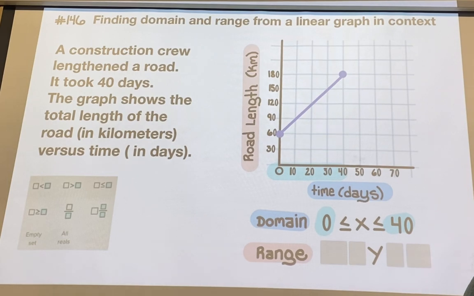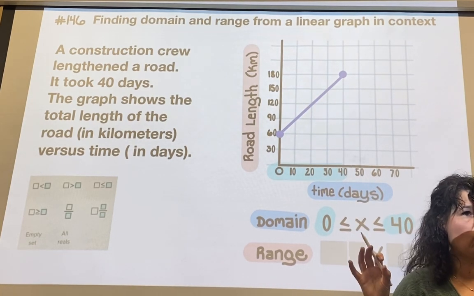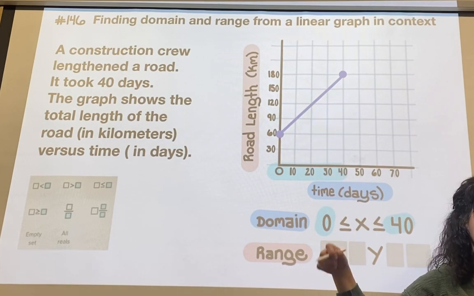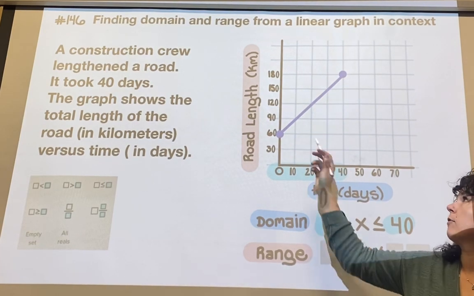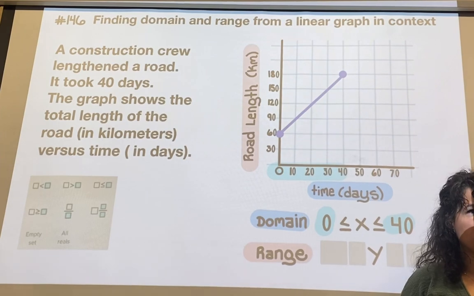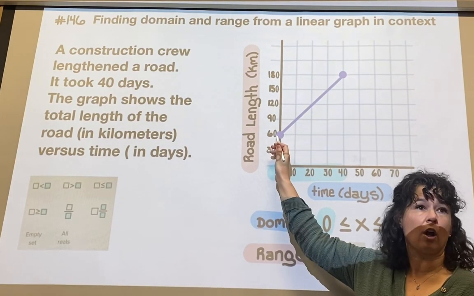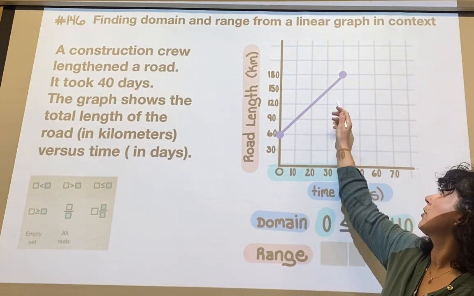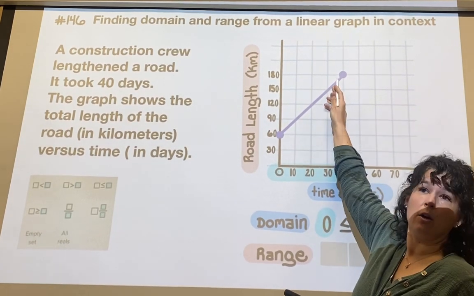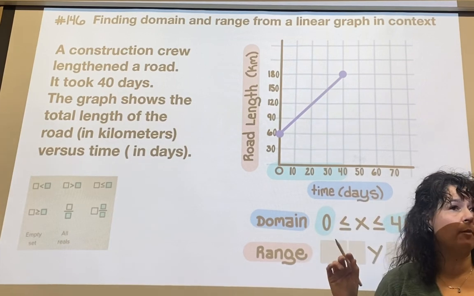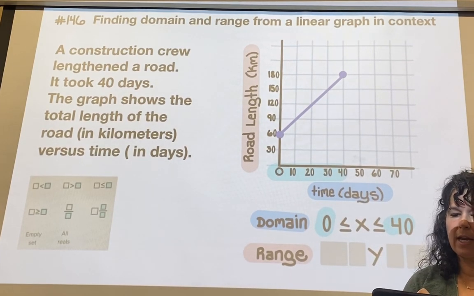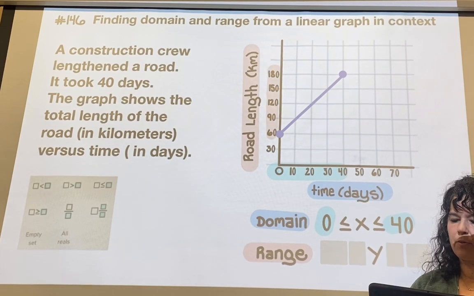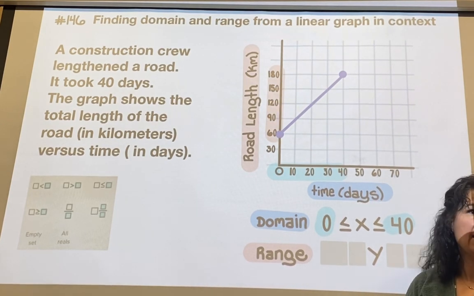So if we're looking on the Y-axis, what is the Y coordinate? If we start plotting points, X, Y, what's the smallest Y for the points on this graph? 60, good, because this is 0, 60. And then this one here is at 40, 180. We're never gonna have a point that has a Y coordinate bigger than 180. So just highlighting that, we're going from 60 up through 180.